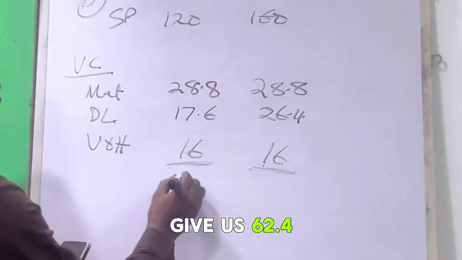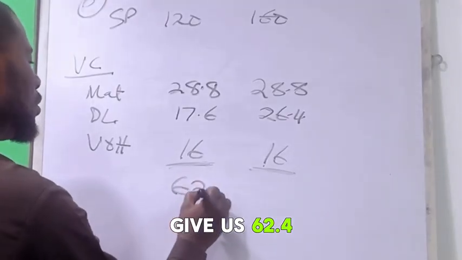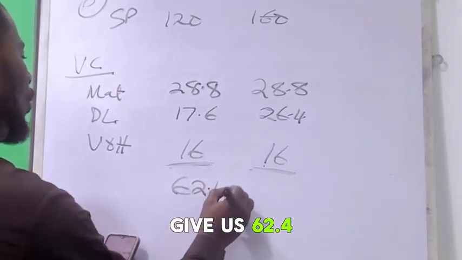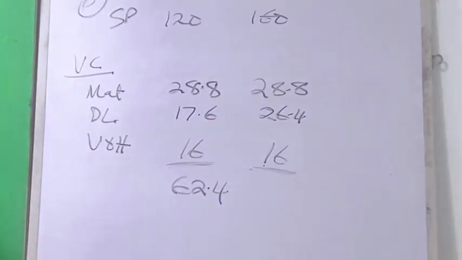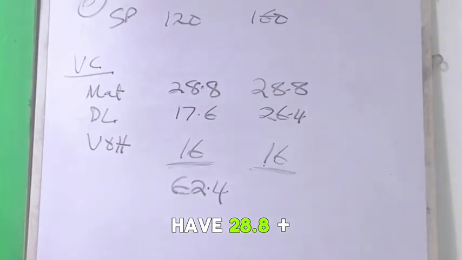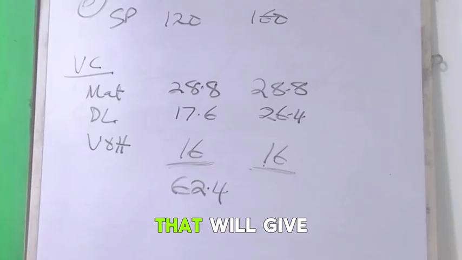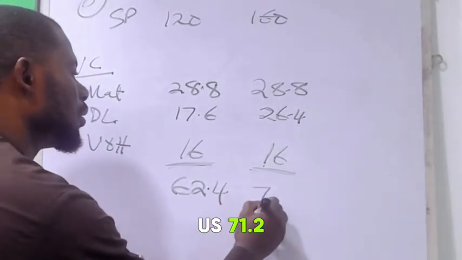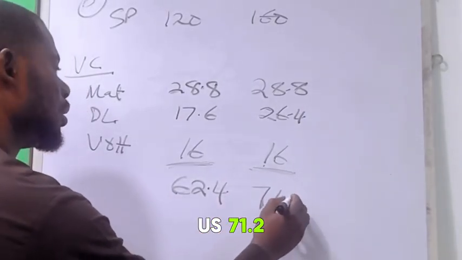That will give us 62.4. For B, we have 28.8 plus 26.4 plus 16. That will give us 71.2.